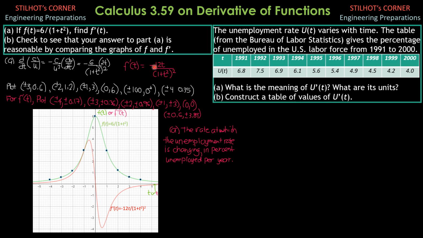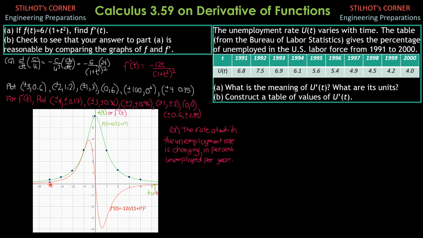Then if it is very large but negative, the numerator is positive, the denominator is positive, approaching 0. That's why it is above the curve. Then negative 3, so it is positive 0.36 here on the red curve.